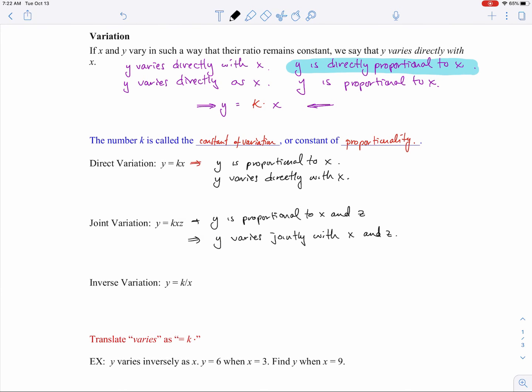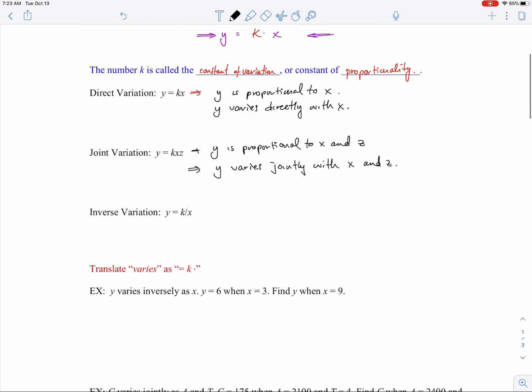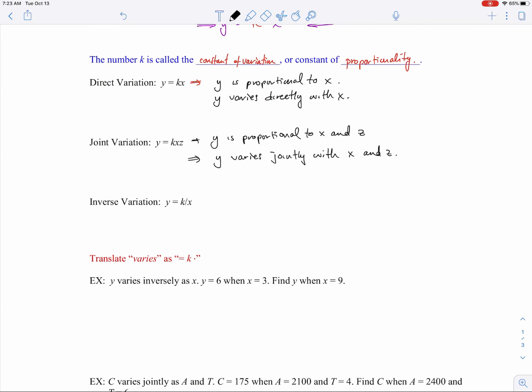And then finally we have what's called inverse variation, which means that they don't vary directly with one another, they vary indirectly with one another. That's another way that we could state this. So this is y is inversely proportional to x.